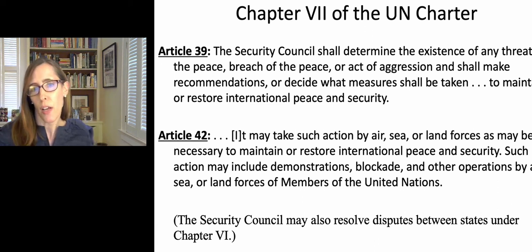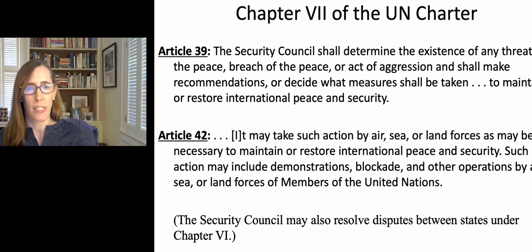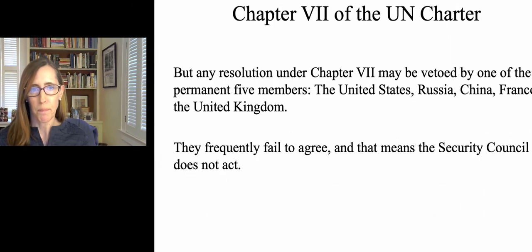The Security Council is also able to resolve disputes between states under Chapter 6, and I know one of the other speakers will say more about that mechanism for the Security Council to help resolve disputes between states.